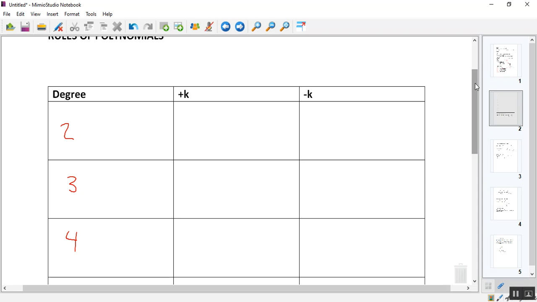Example right here will be like y equals 2x squared. When I put this 2 out in front, and I have this positive k up here, these plus k, minus k just mean leading coefficient.